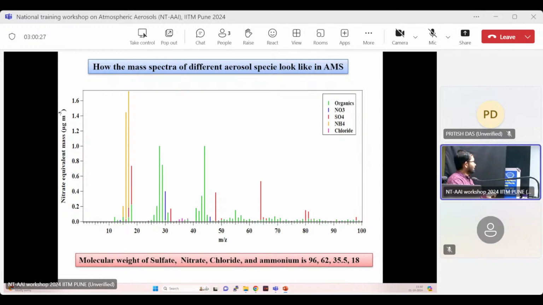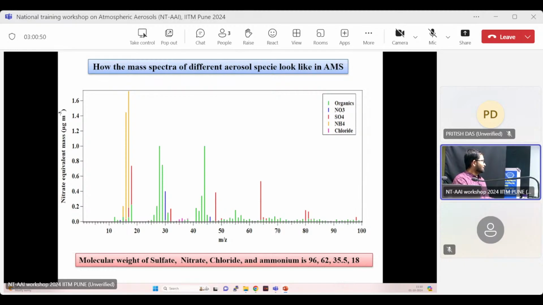So this is a tentative mass spectrum of the aerosols being detected at Mahabaleshwar. For sulfate, what is the molecular weight of sulfate? Can anybody tell? I've written here 96, but H2SO4 is 98.